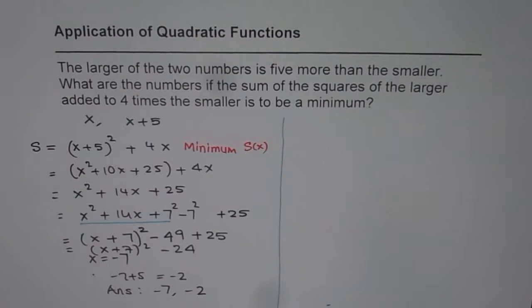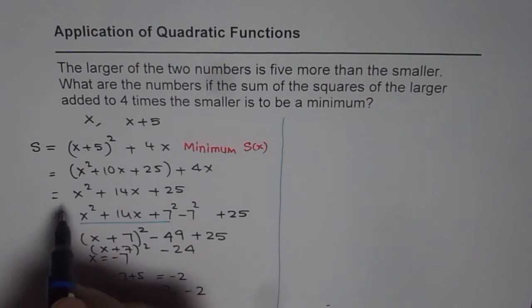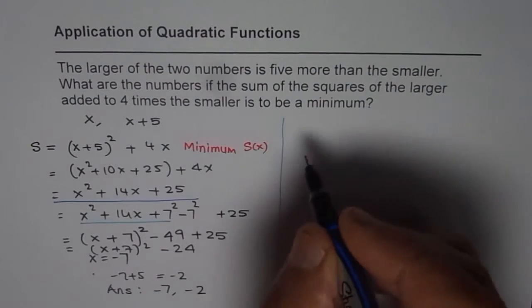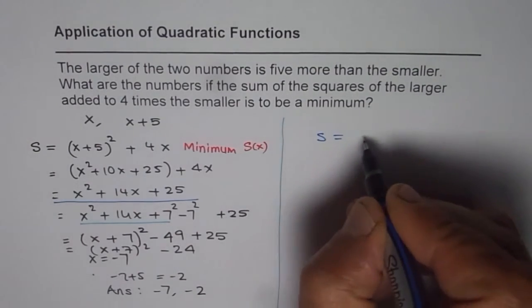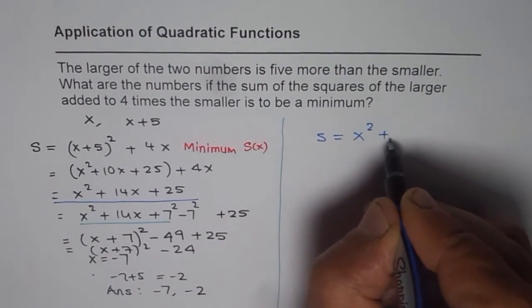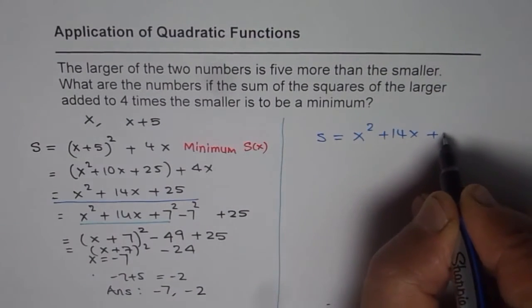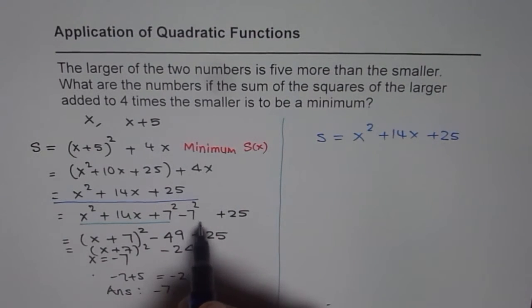Well, this is one way of doing it. The other way is, when we get this quadratic function, we can do partial factoring instead of completing the squares. At this stage, we have the equation sum equals x squared plus 14x plus 25. We did completing the squares.